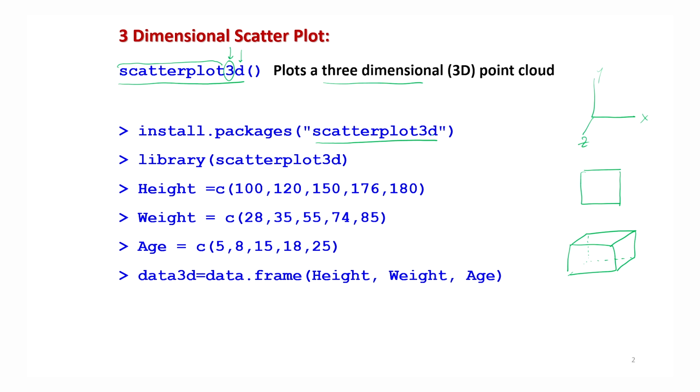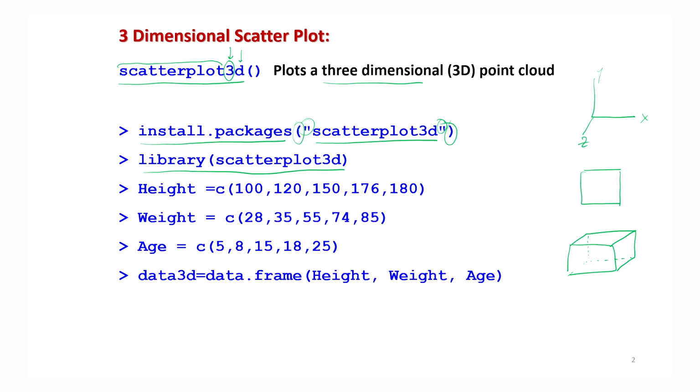You know that to install a package you can use the command install.packages, and within double quotes inside the parenthesis you write scatterplot3d and it will be installed on your computer. After that you have to load it, so you write library(scatterplot3d).